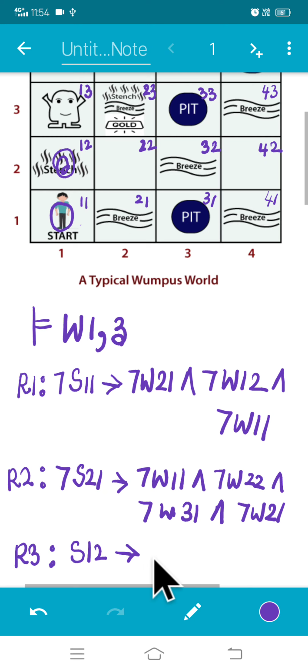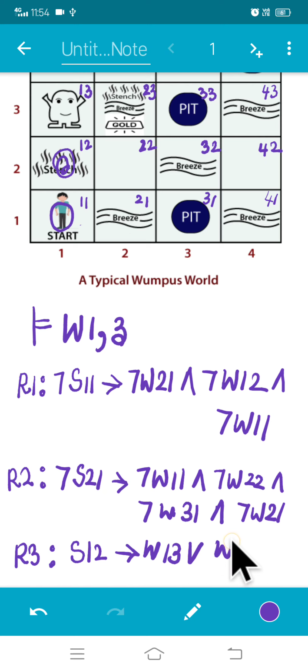Okay, so how can we write that? Stench smell in 1 comma 2 indicates that Wumpus is either in 1 3 or, earlier we used and, because we will not be knowing where the Wumpus will be present, so we used and. But here any one place only Wumpus will be present, so we are using or.